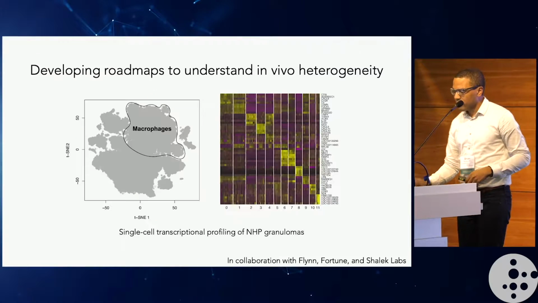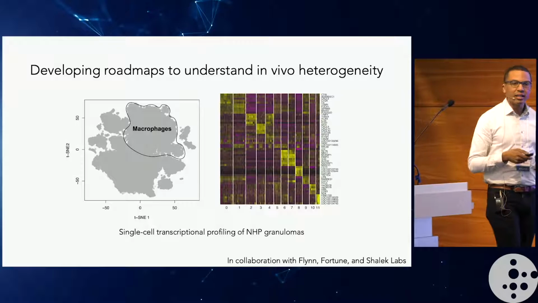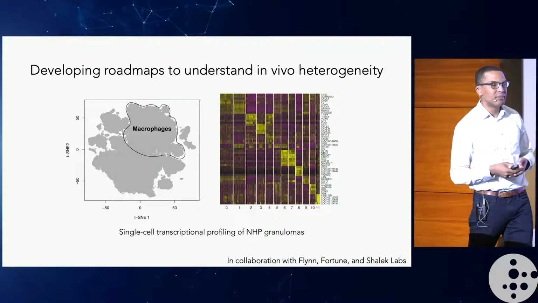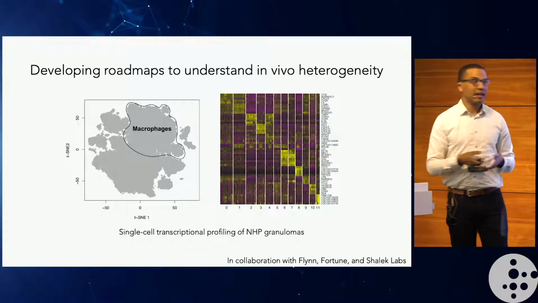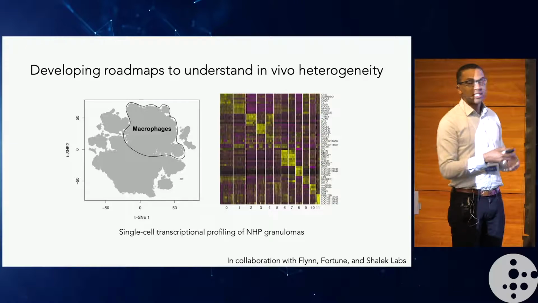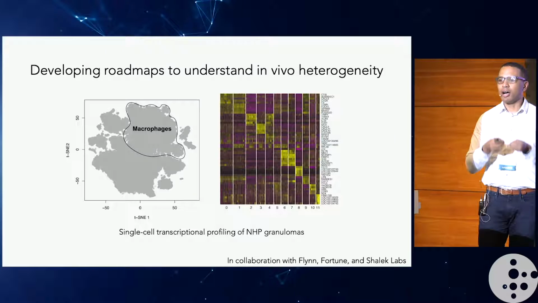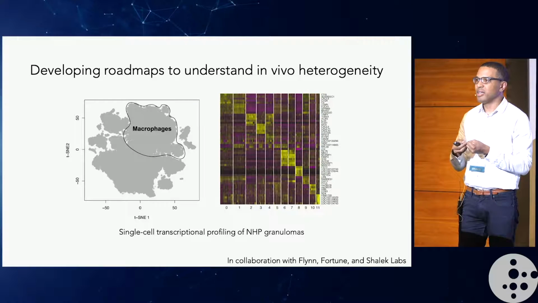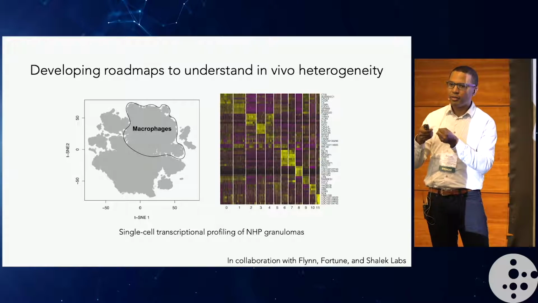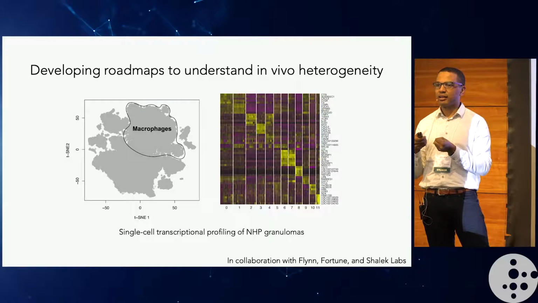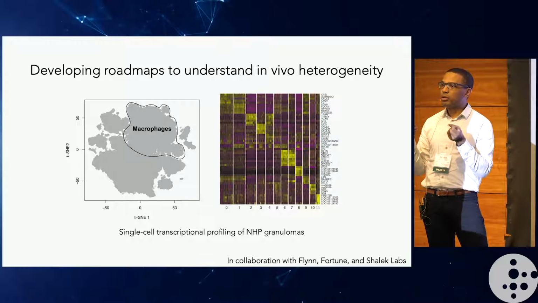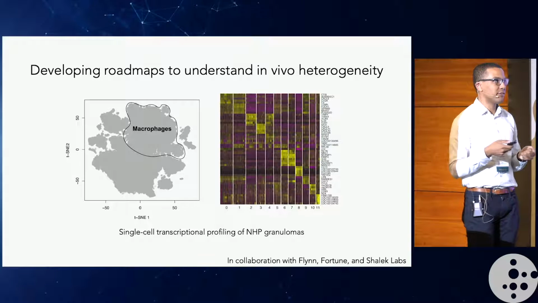Work that we've been doing in collaboration with the Shalek Lab, the Fortune Lab, and the Flynn Lab, the Flynn Lab actually developed the non-human primate model of TB, is performing single-cell RNA sequencing on non-human primate granulomas. This is an unprecedented effort because it's taken about 4 years to build out these technologies such that they're transferable and workable in a biosafety level 3 environment.